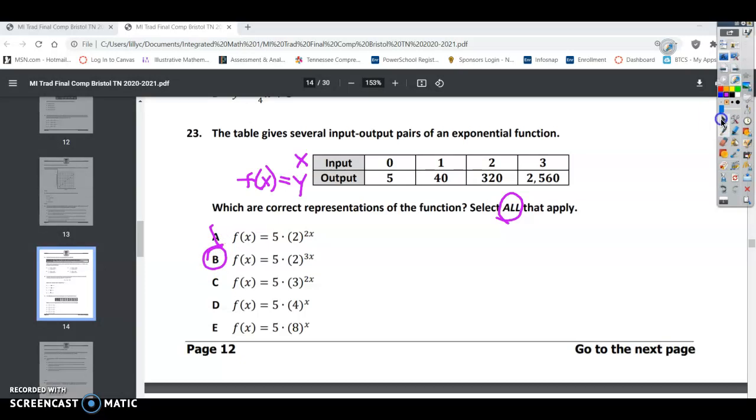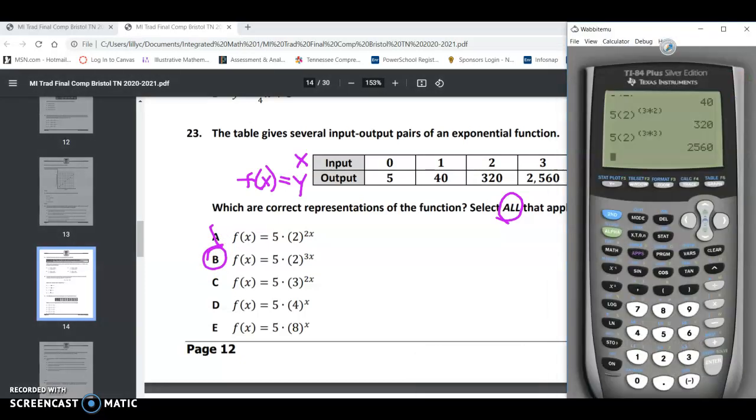All right, so let's check the next one. Let's clear this. So we're going to do 5 times 3 raised to, and this one has 2 times x. So 2 times 0 to begin with, and that gives us 5. So far, so good. So 5 times 3 raised to the 2 times 1.